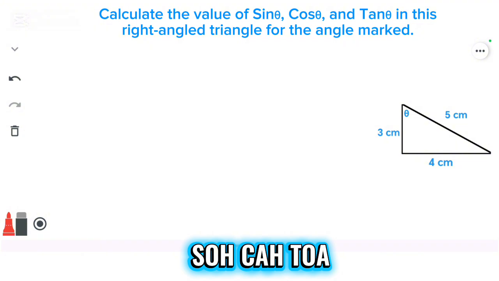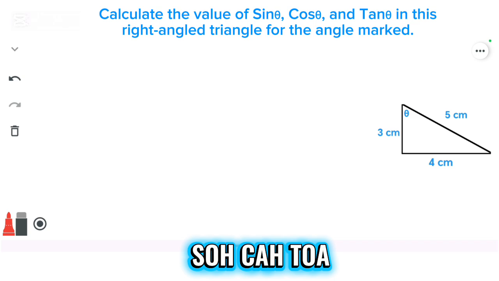SOH is the opposite over the hypotenuse, which is the sine, and CAH is the cosine, which is the adjacent over the hypotenuse, and TOA, which is the tangent, and that is the opposite over the adjacent. Alright, so this is very, very important that you need to know this.